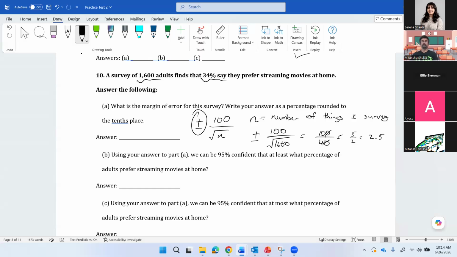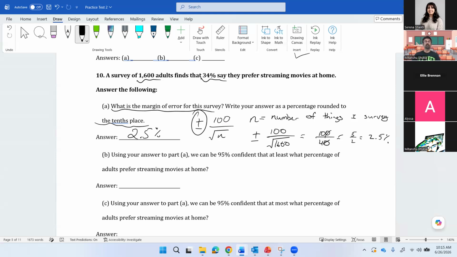Okay, so 2.5%. So what do we do with this 2.5%? It's saying, what is the margin of error? Well, this is the margin of error. This is the 2.5%, and it is rounded to the 10th place. Please pay attention to your instructions. Part B is saying, using your answer from part A, we can be 95% confident that at least what percent of adults prefer streaming movies at home?